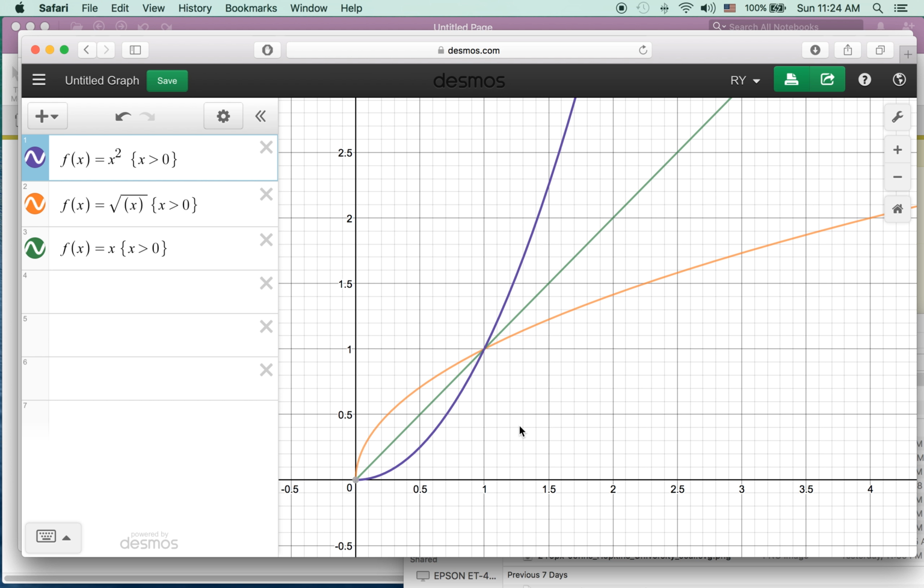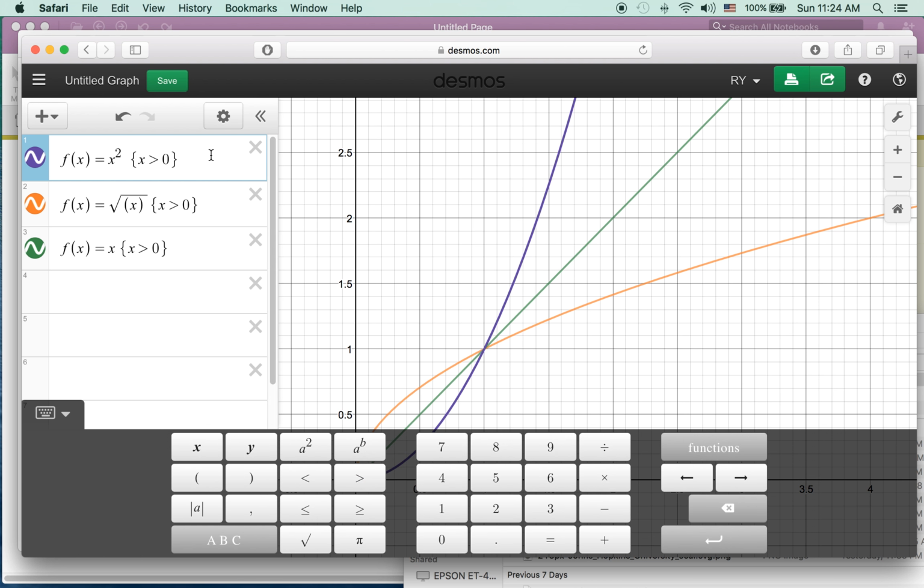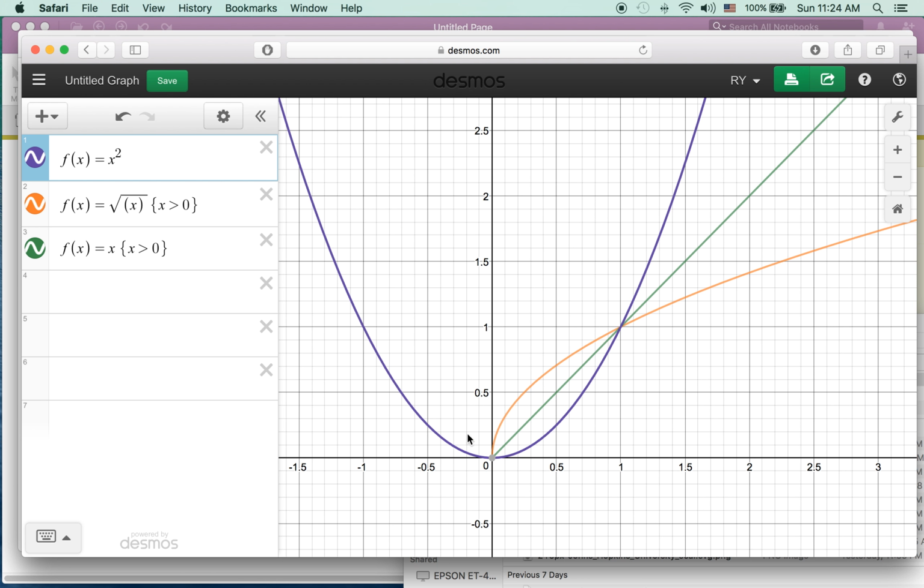Now the problems arise when we have the domain restriction lifted off of the quadratic function. Here we have this entire part of the quadratic function that's not being reflected across the y-axis. So in order for a function to be invertible, it has to be what's called a one-to-one function.